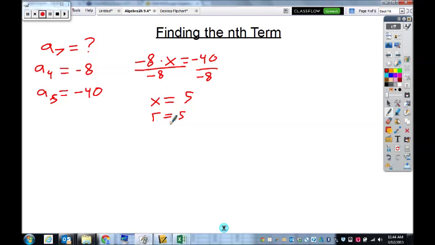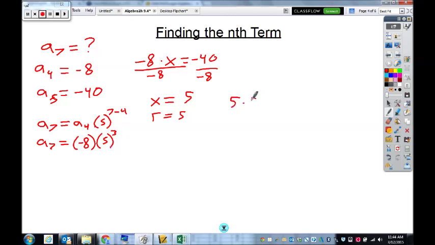We're trying to find our 7th term. So again, a sub 7 equals, well, I need to use one of those. I'll use a sub 4. So 5 is my r to the 7 minus 4. So plugging in. Don't know what a sub 7 is. I know a sub 4 is negative 8 times, well, 7 minus 4 is 3. Well, 5 cubed.